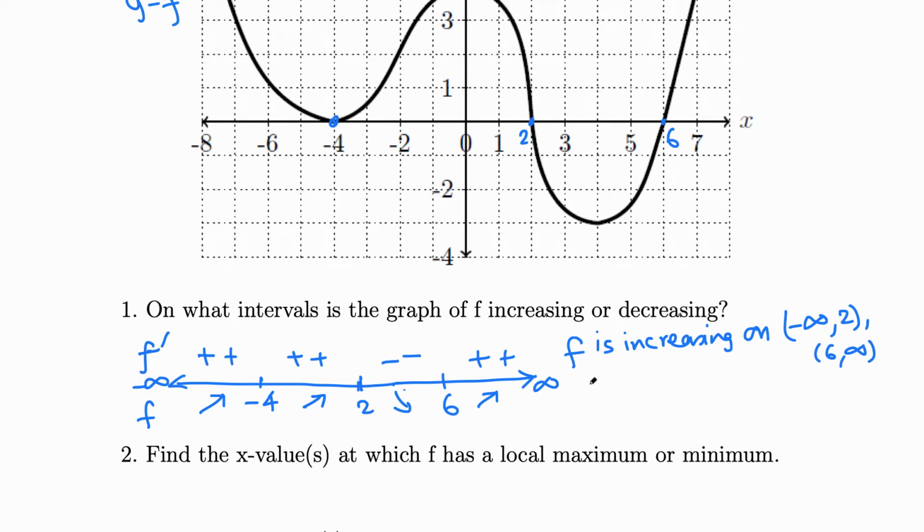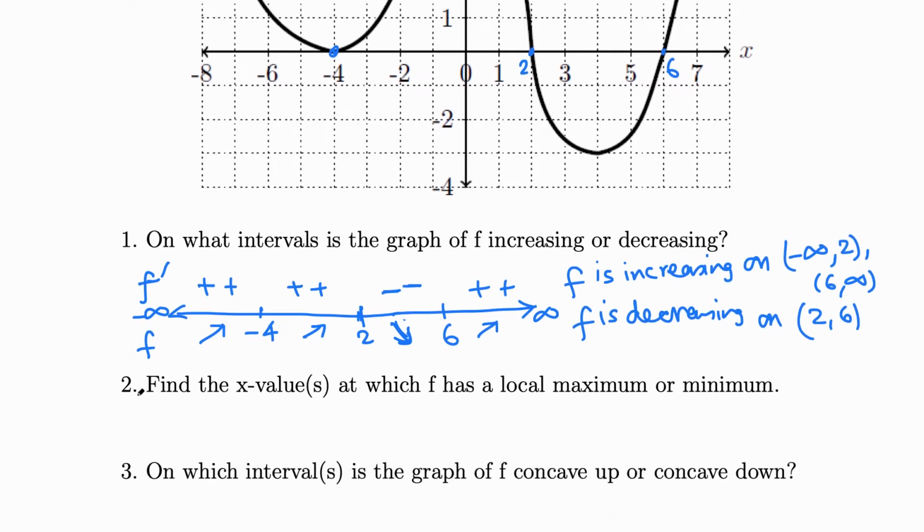And f is decreasing on 2 to 6, because the derivative is negative, the graph is below the x-axis.